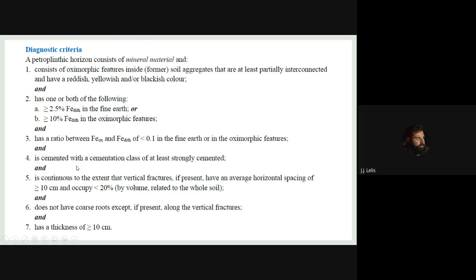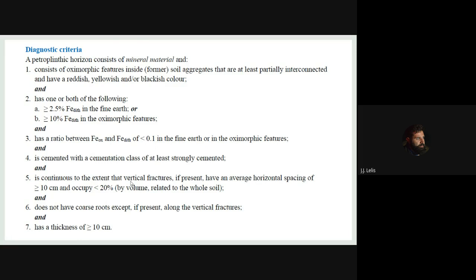It possesses eventually vertical fractures, and these vertical fractures are not formed by the change of volume, but only by the cracking of the material. Okay, you should remember this material has a lot of iron, so it could reach high temperature in the day and a low temperature in the night.